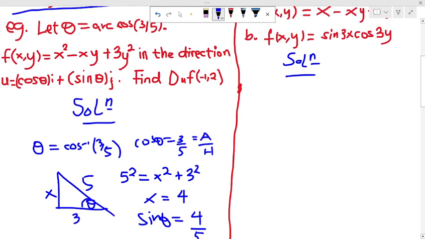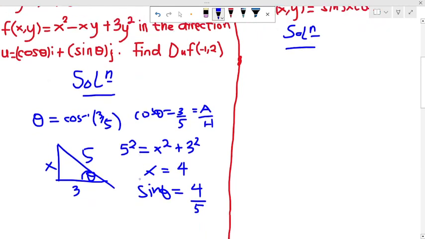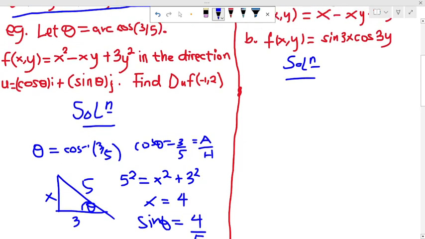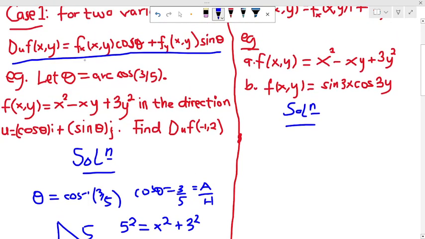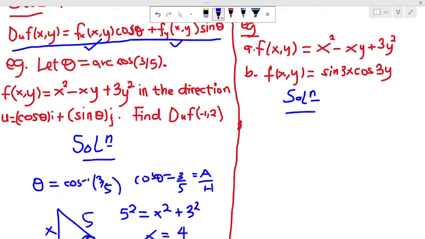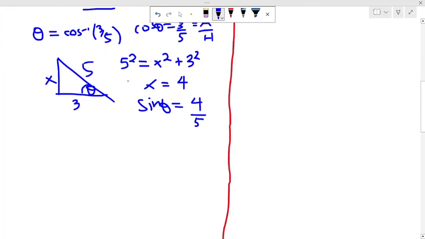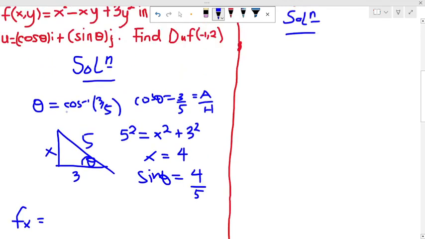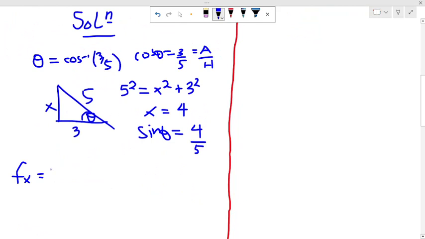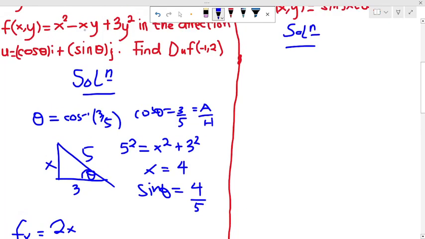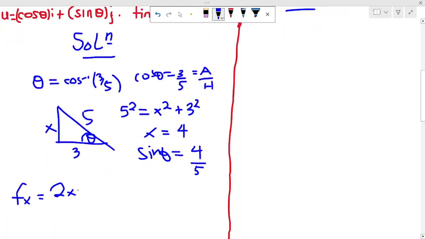Okay, so now we have our cos theta and we have our sin theta as well. With the general formula, we need our fx and fy. So let's evaluate fx for our function. Differentiating x squared, we get 2x. Now differentiating negative xy, we end up getting negative y.